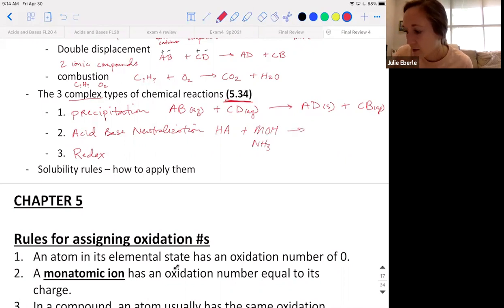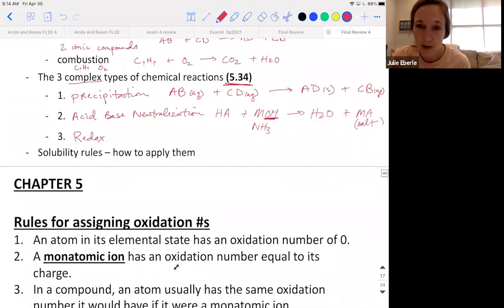But then when these things rearrange, especially when you have hydroxide here, you get water. You won't get water if ammonia, NH3, is your base, but you can still have acid-base reactions if a hydrogen is transferred, right? And then we would get some sort of salt, which would be the metal and the anion from the acid. We'll call it a salt. Okay. So now that we've talked about acid-base reactions a lot, I wouldn't expect that one to be too hard to identify for you guys.